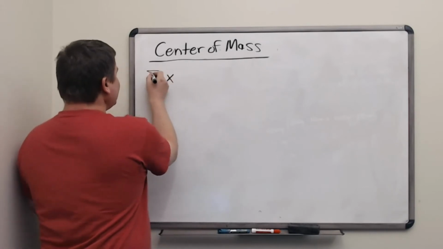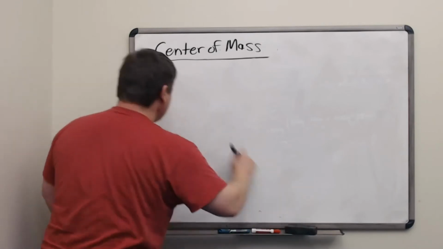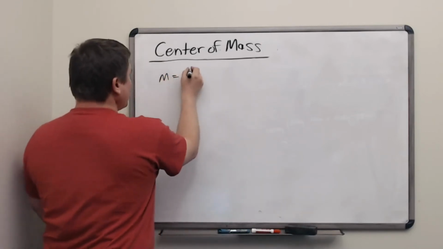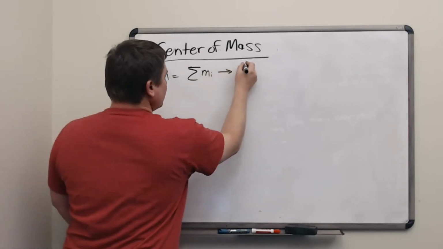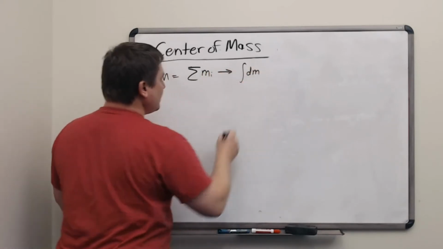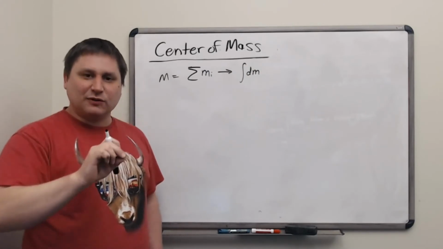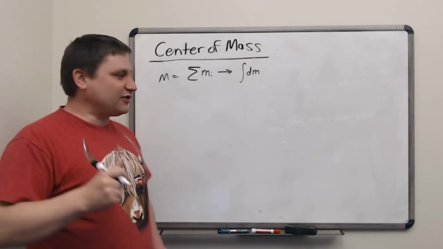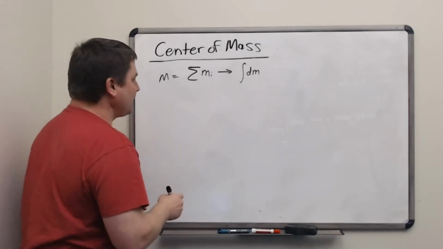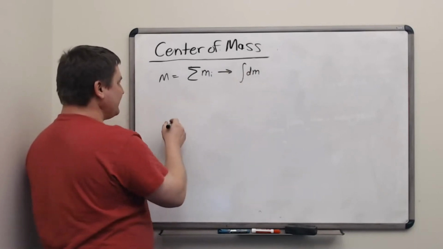So our sum, say for mass first, we'll change our small bits of mass mi into infinitesimal bits dm and add them all up in an integration procedure. So we'll integrate over the entire object of dm, and that will give us the total mass.